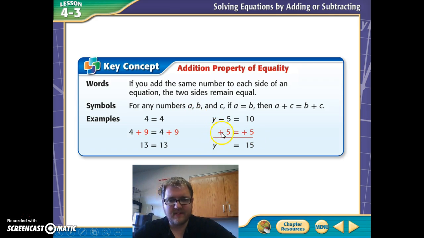And that's all we're doing when we solve equations. We're just adding 5 to each side, because what happens for us is we get rid of that minus 5 here. And don't worry if this is a little confusing right now. We're going to look at some examples and the process of doing this. But basically, the addition property says if you add the same number to both sides, the sides stay equal.